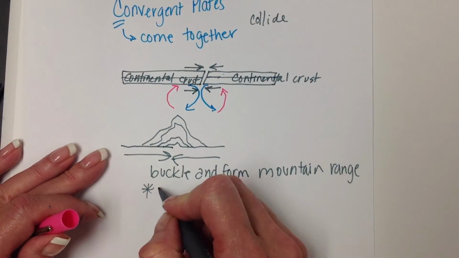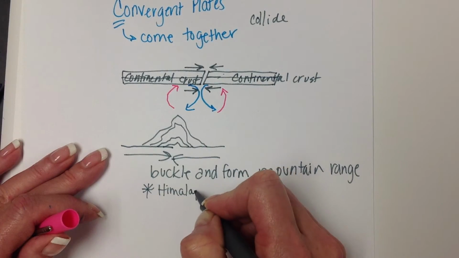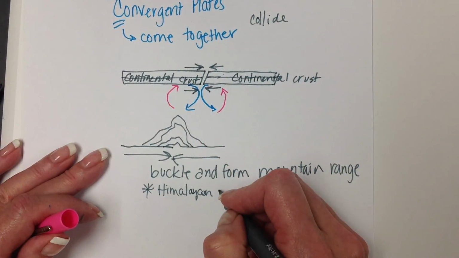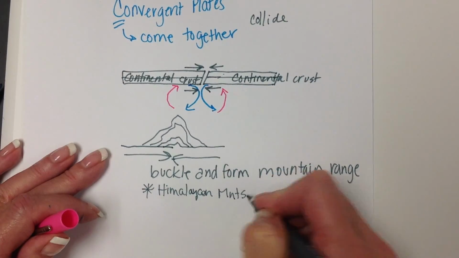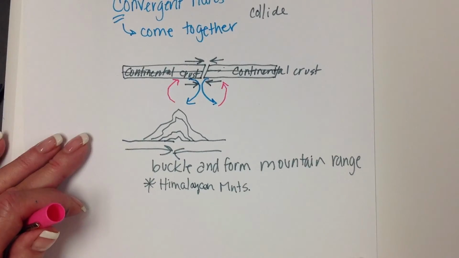Our example is the Himalayan mountains. I don't know if I spelled it right. Let's just say I did, and abbreviated mountains. Himalayan mountains, so that's our example of this.